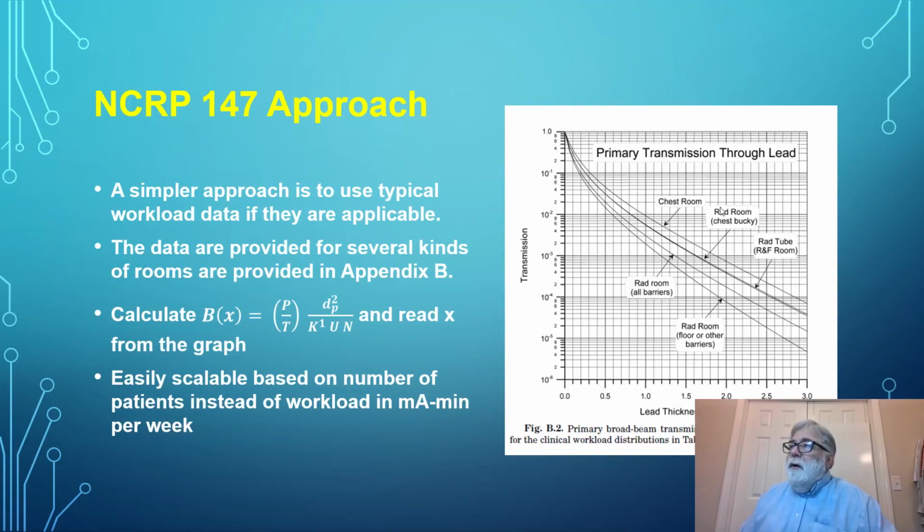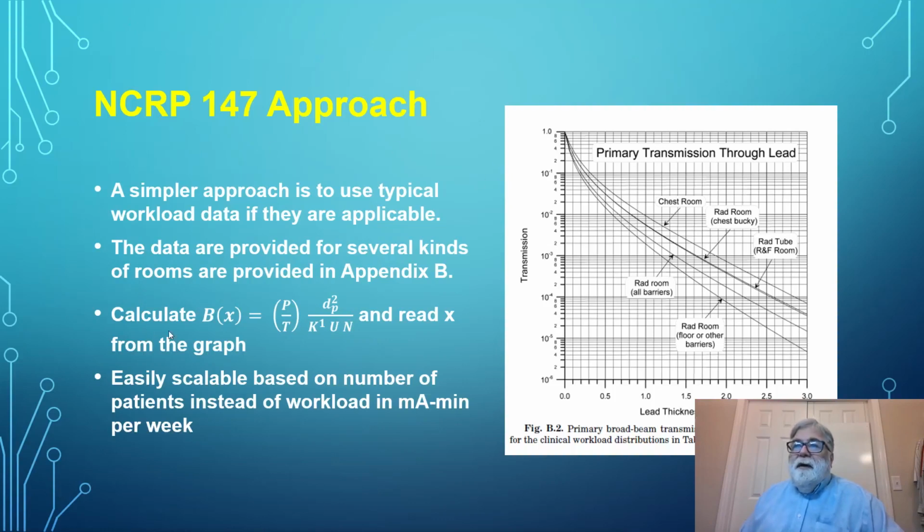A test room or a radiographic room or a radiographic and fluoroscopic room, etc. So we have the transmission that includes the mix of different kinds of procedures and all the different kV settings that are used, so it's a little bit more realistic than the way we did before.